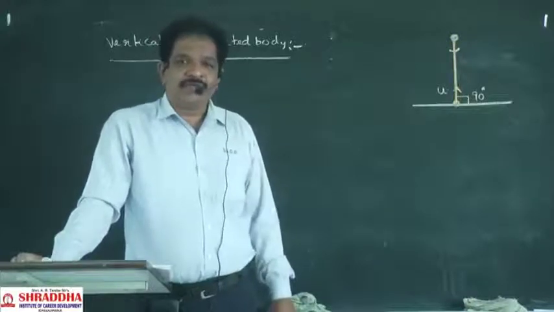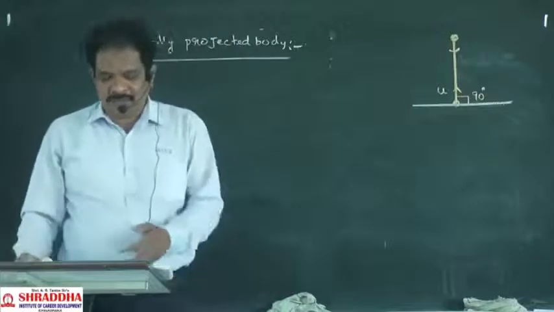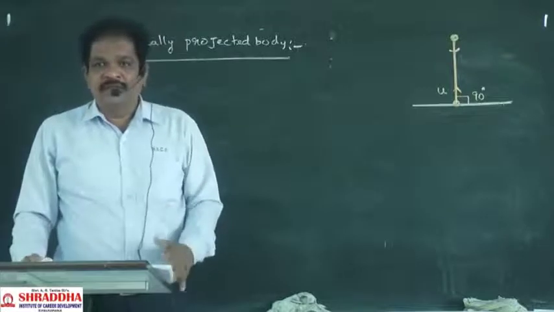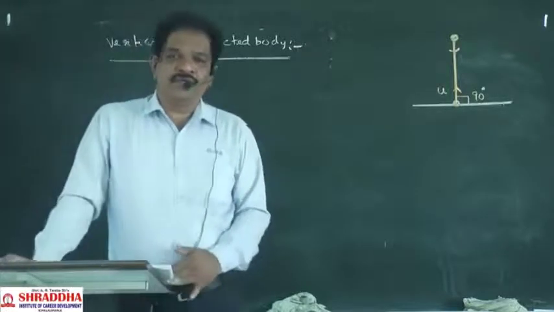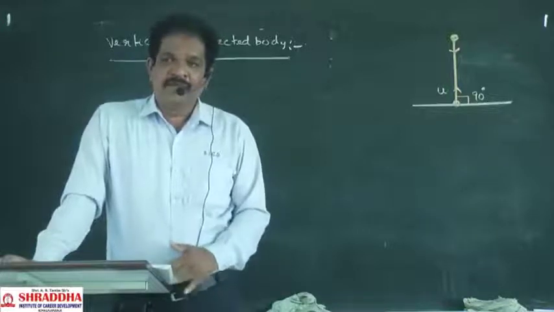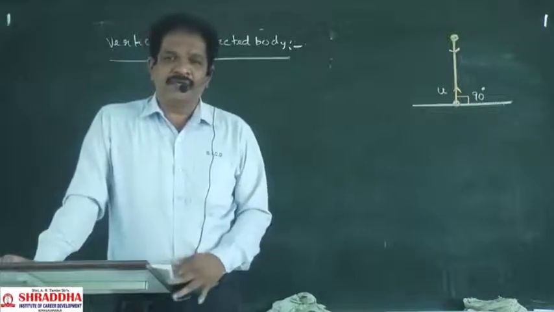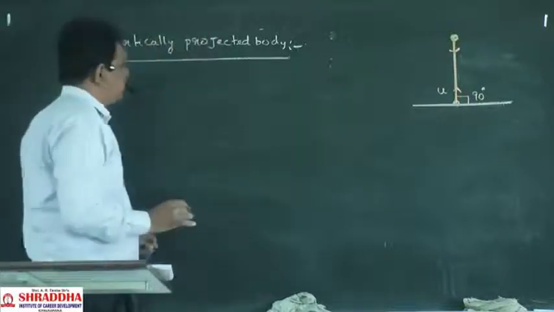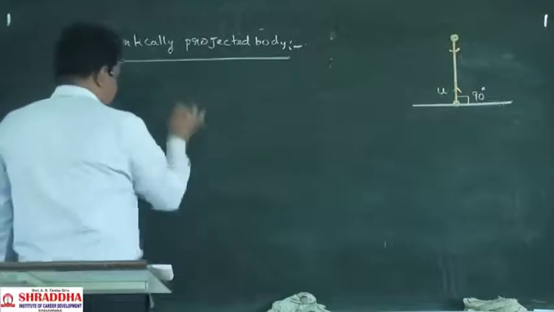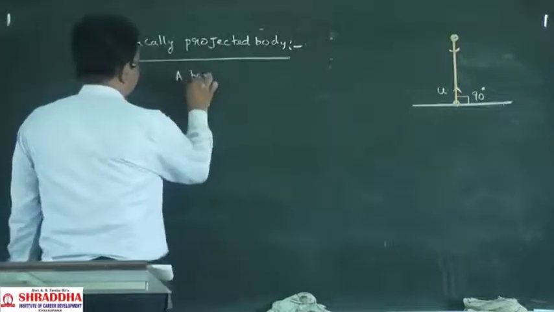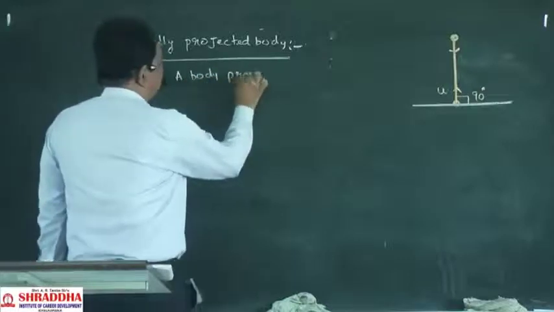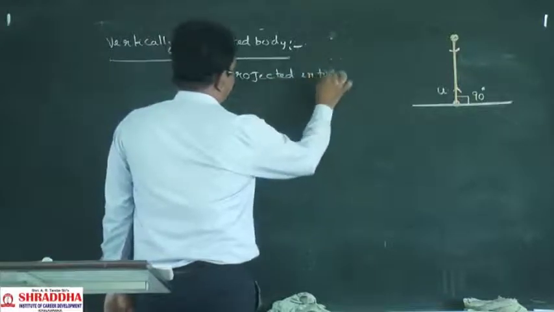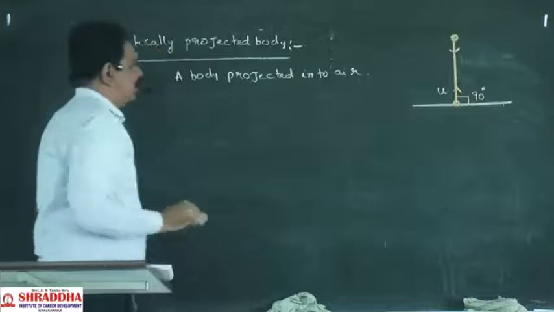Clear? So, what are the equations of motion of a vertically projected body? In the same way, for a vertically projected body, what are the formulas for maximum height, time of ascent, time of descent, time of flight, everything one by one we will discuss now. So, vertically projected body means a body projected into air vertically.